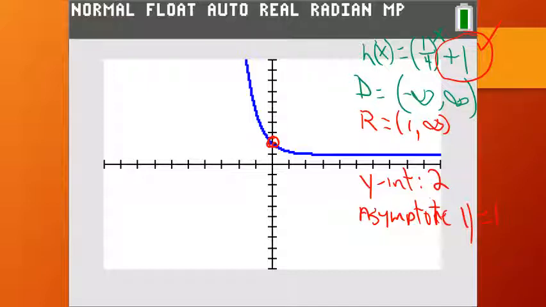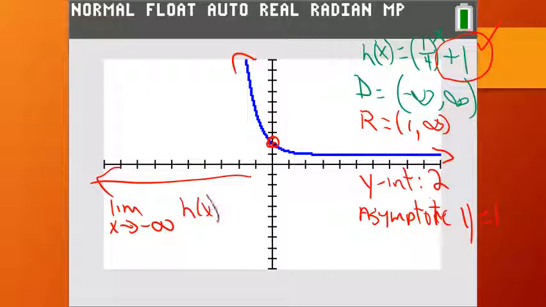Now, let's see, end behavior. Well, I got a left end behavior, got a right end behavior. As x is approaching negative infinity, in this case, h of x is approaching infinity, so I've got a limit as x is approaching negative infinity, h of x is equal to infinity.